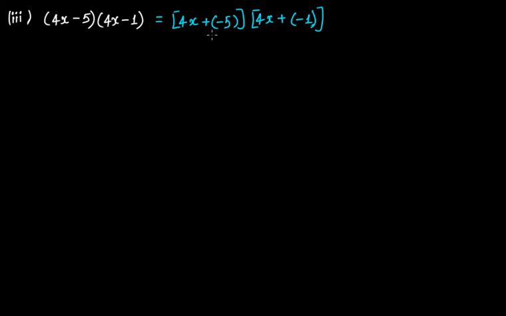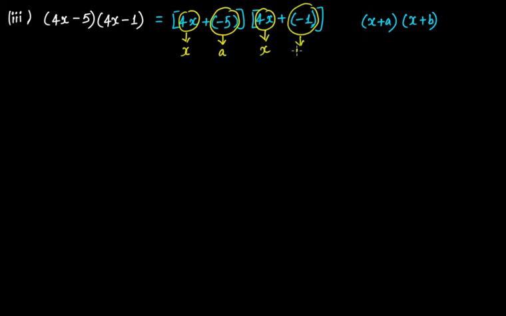So now if you look at this expression, this is actually of the form (x plus a) multiplied by (x plus b), where your x is 4x, a is minus 5, this is x, and this is b, right?